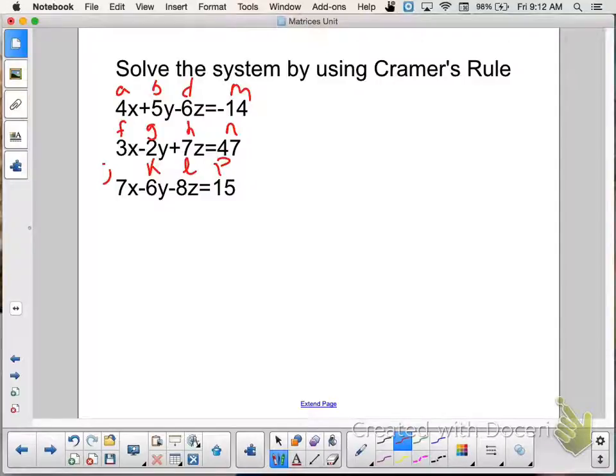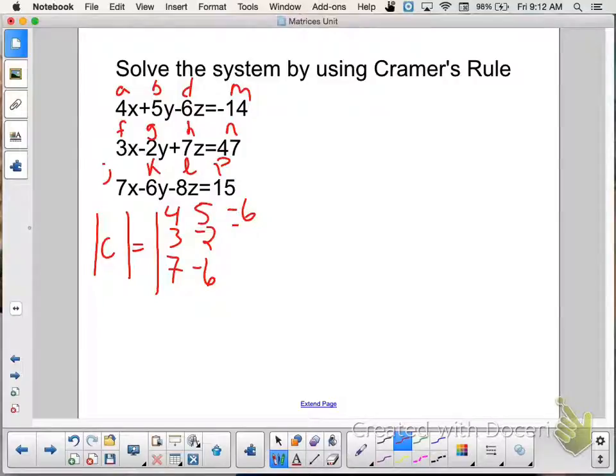If I want to set up my coefficient matrix, I just take all of my coefficients in each of these problems. So 4, 3, and 7, 5, negative 2, negative 6, and negative 6, 7, and negative 8. Then I could go through and figure out what that is, and I will just say that I get a number.